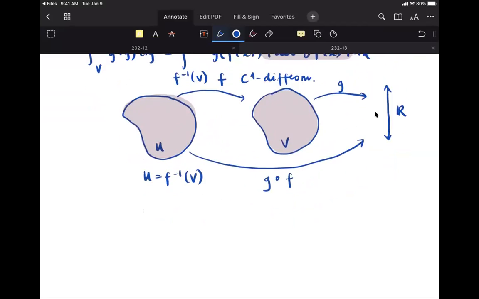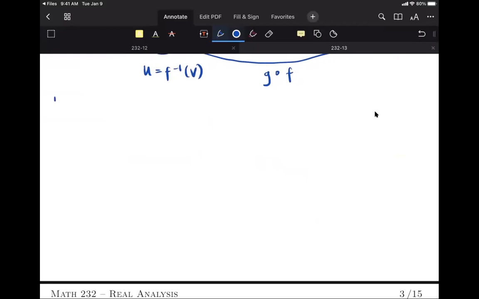So let us consider specific examples. The polar coordinates in R2. For this, let us consider the following transformation.